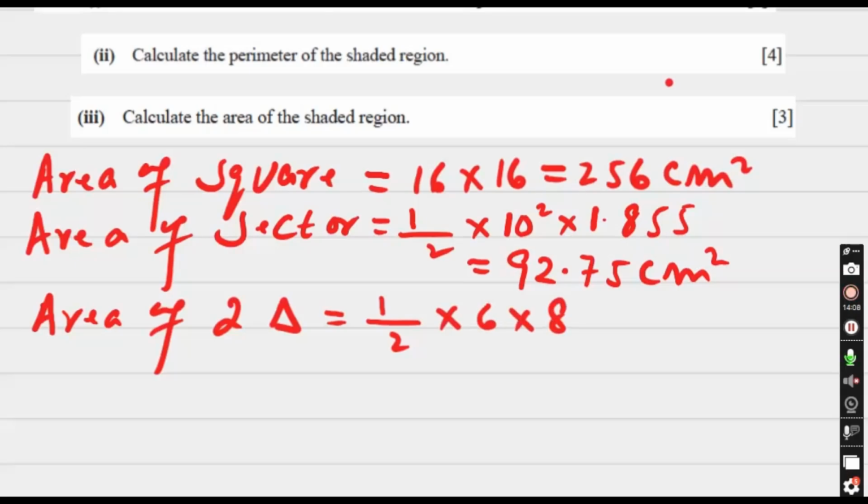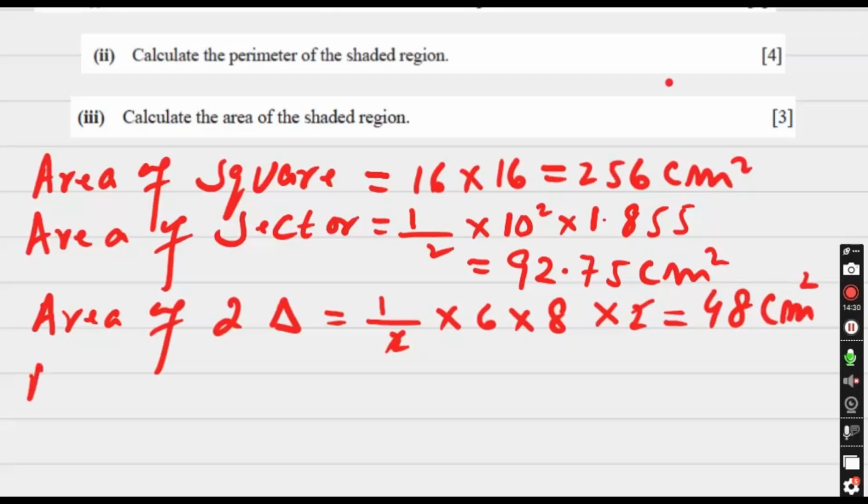This is the area of one triangle, and if we multiply this by 2, we will get the area of two triangles. So 2 cancels by 2, 6 8s are 48 centimeter square.